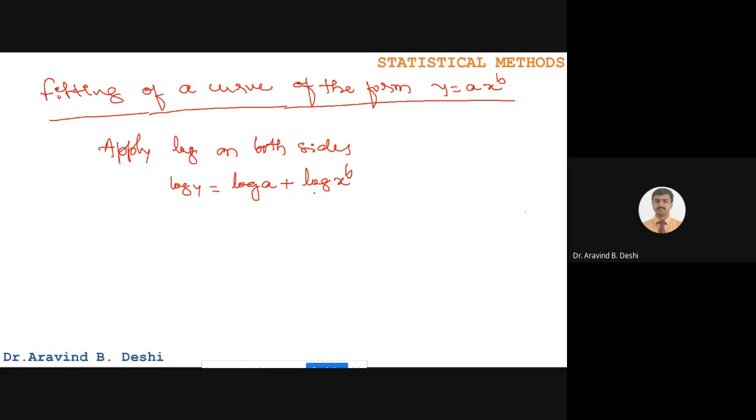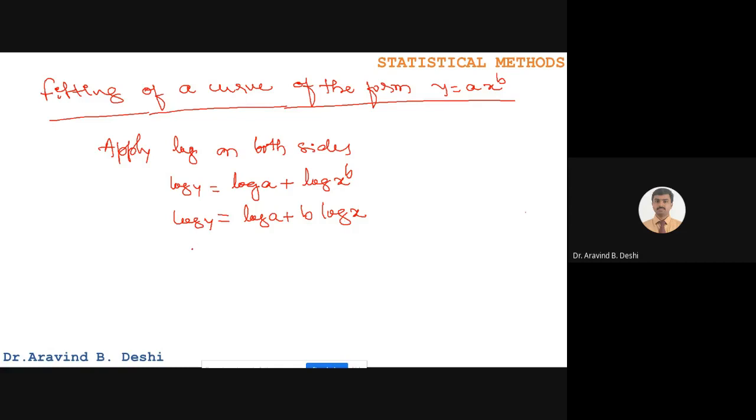Next, applying the log power property, log of m to the power n, we get log a plus b into log x. Therefore, we get log y equals log a plus b into log x.